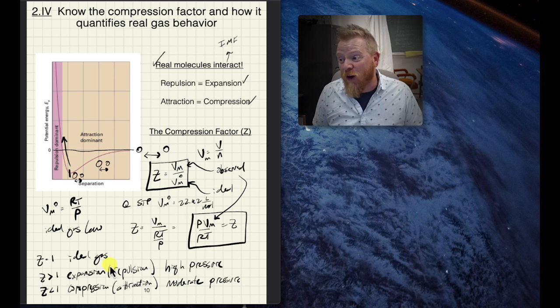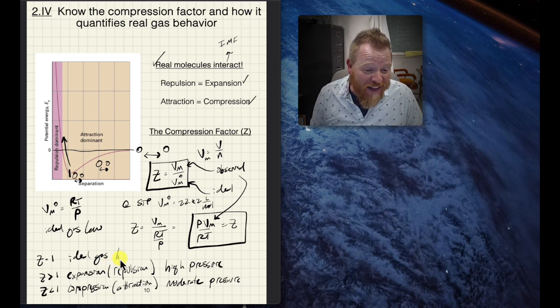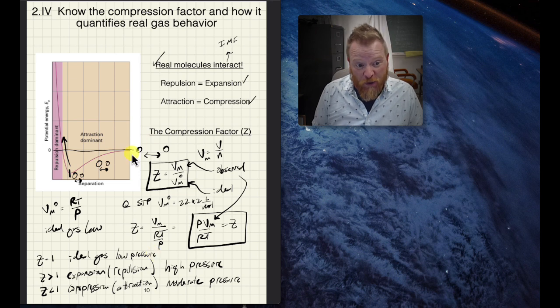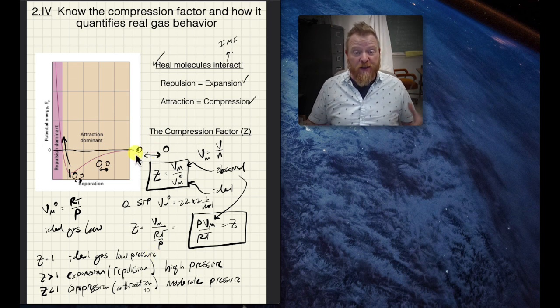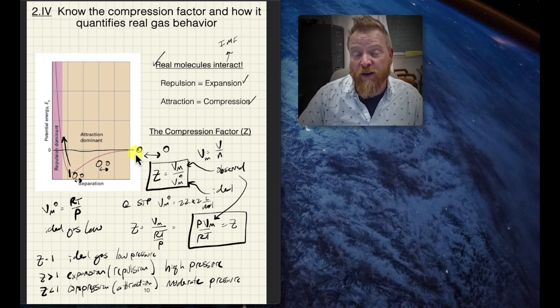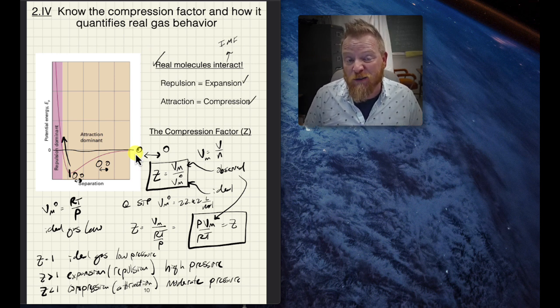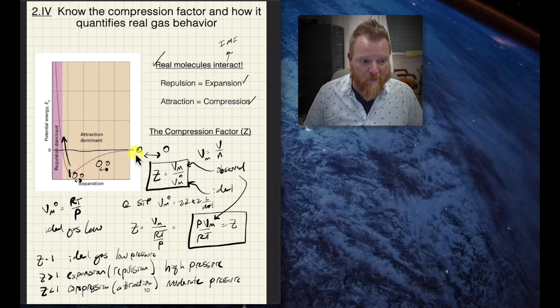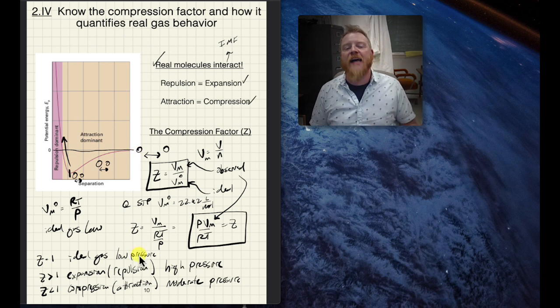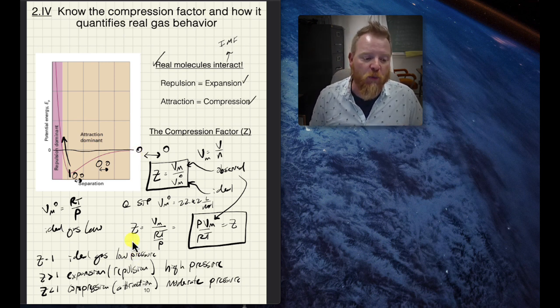So now what that means is our ideal gases will actually occur at low pressure. This region right here where the molecules are sufficiently far enough away from each other that they're not experiencing their respective intermolecular forces. Okay? So Z equals 1, ideal gas, that happens at relatively low pressures.